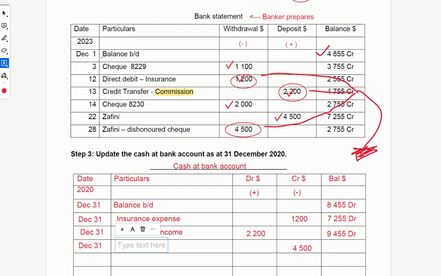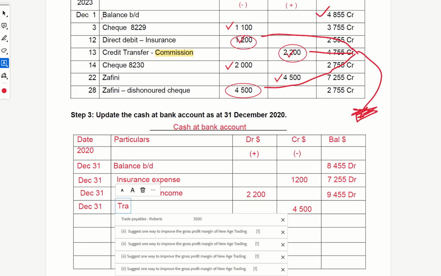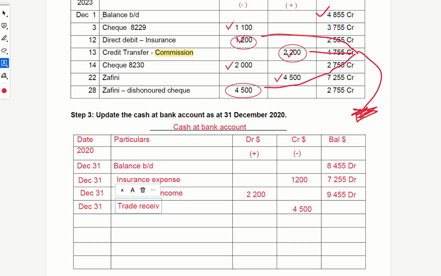Some people will just write Zafini, but no. We learned in class that a dishonored check is from trade receivables, so we should write trade receivables, hyphen Zafini.